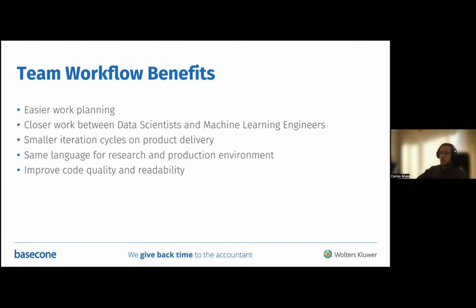We don't need to rewrite the code that was used in the training, because it has already been reviewed and has quality enough. The language used for the training and for the production with this approach is the same, because we are using the code used in the training for the production, and we have improved quality and readability of the code by all these aspects that I mentioned.